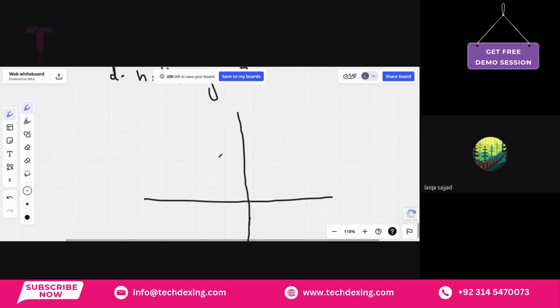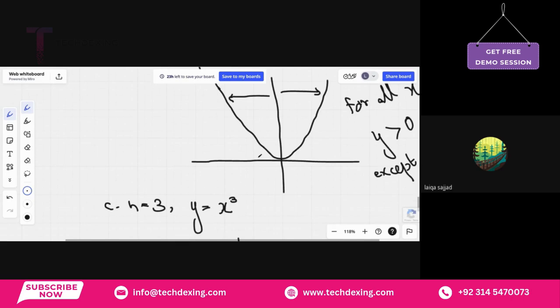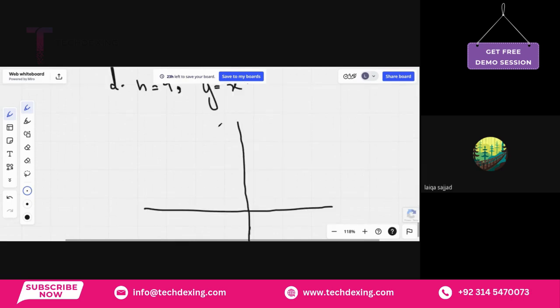It would be a parabola, concave up, but you can see that the quadratic is quite distant from the y-axis, while x raised to the power 4 would be quite close to the y-axis. It would be like this. So this is the graph that we get when we have y equals x raised to the power 4.